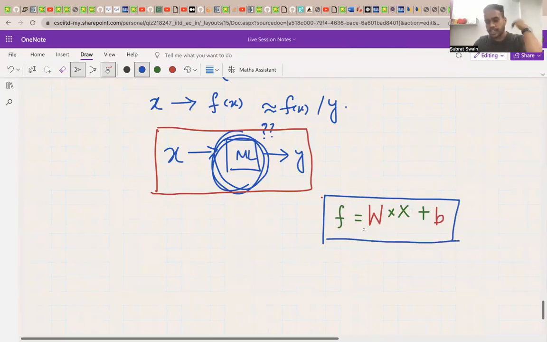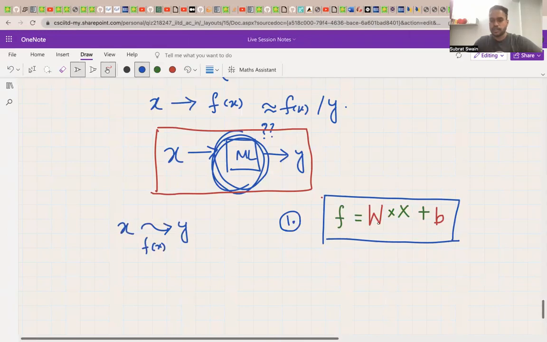We are assuming that the function is like this. You are given an x and a y, and you want to find the function that takes in x and gives y. So what you did in step one is assume that the function is a multiplication of your input x with some w that you don't know, and you add that with some bias b that you don't know.